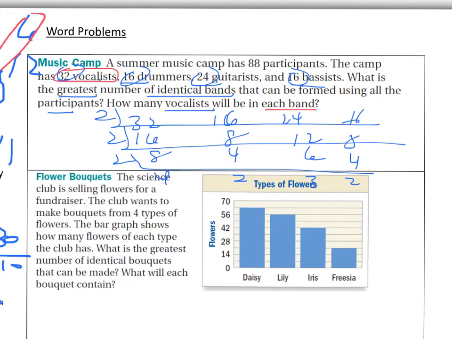So the greatest common factor would be 2 times 2 times 2, which is 8. So 8 would be the greatest number of identical bands. Okay? And the 4 here tells me that I will have 4 vocalists in each band. Okay? Now, let's move down.